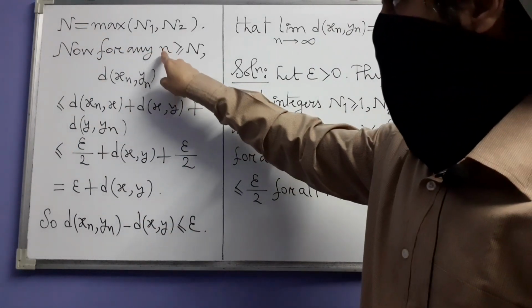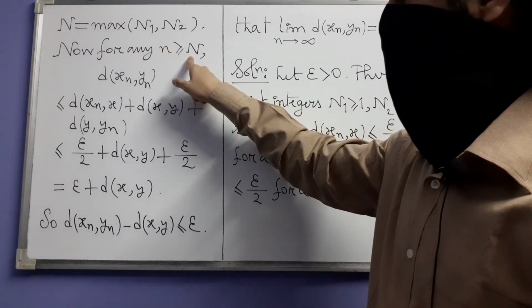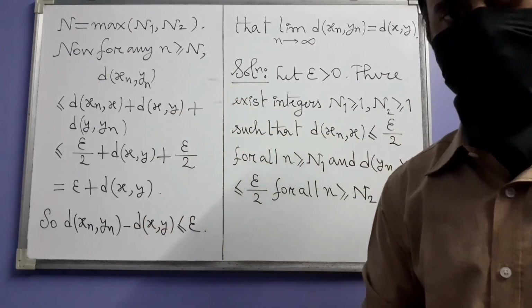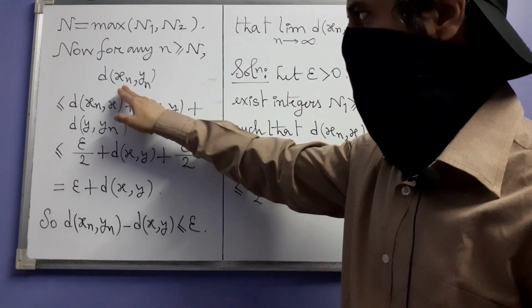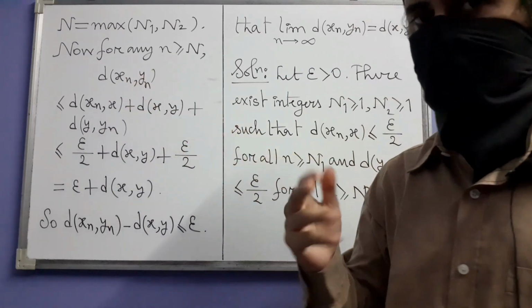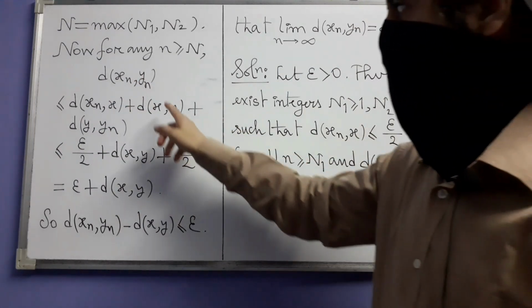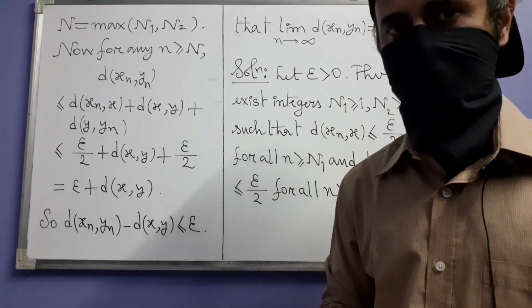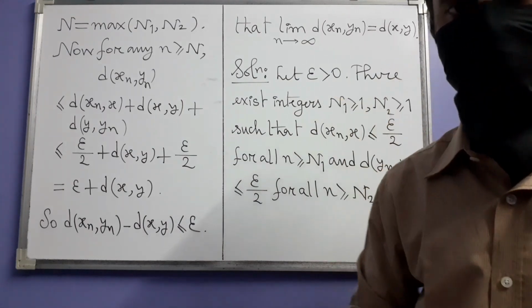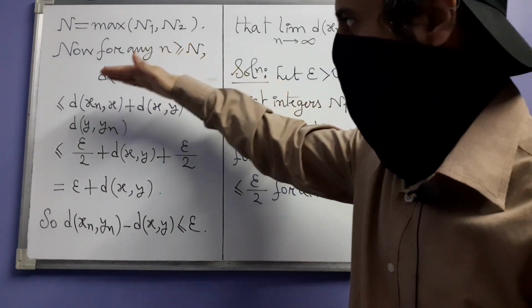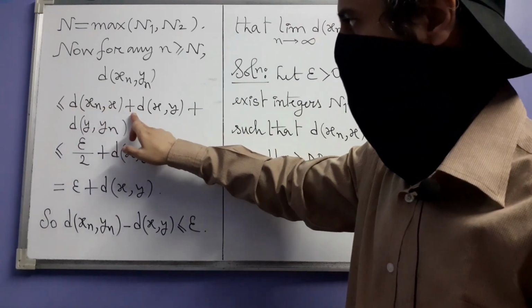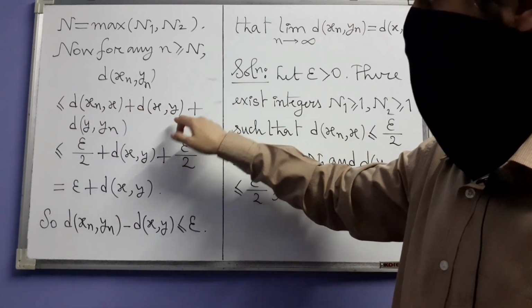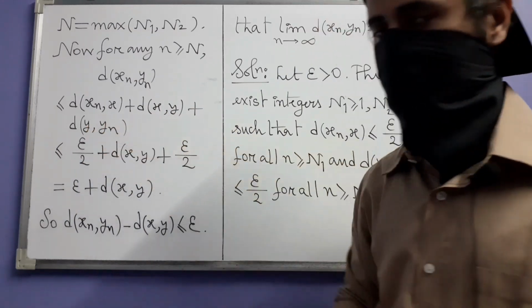Then for any integer n greater than or equal to capital N, let's see this calculation. We start our calculation with the distance between xn and yn, where the suffix n is the same. Using the triangle inequality in the metric space 2 times, this distance becomes less than or equal to the distance between xn and x plus the distance between x and y plus the distance between y and yn.